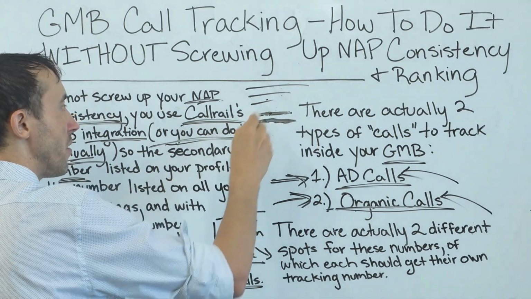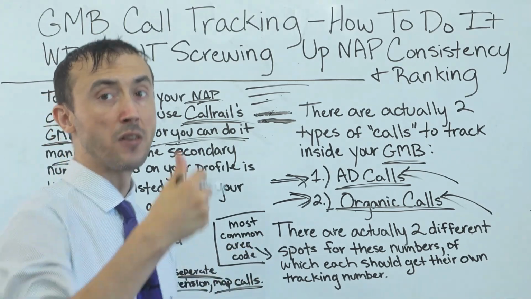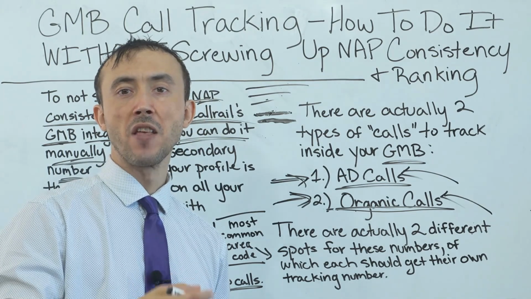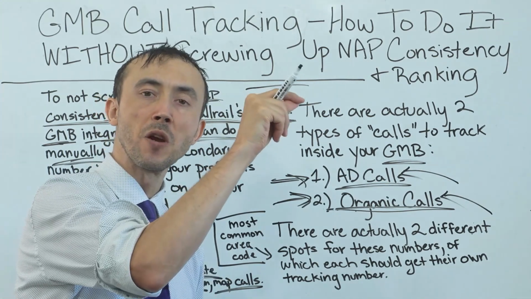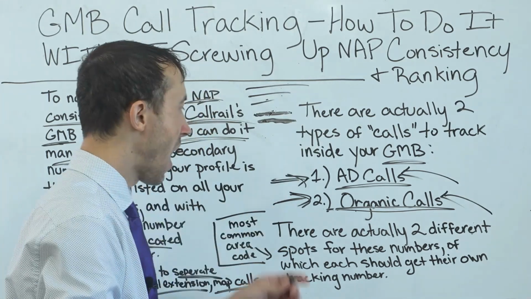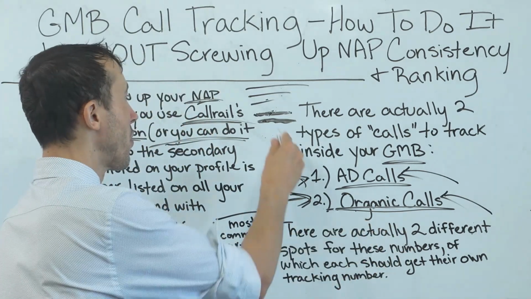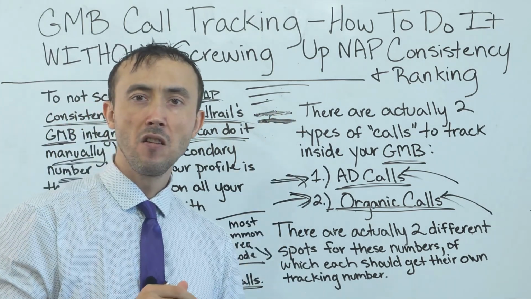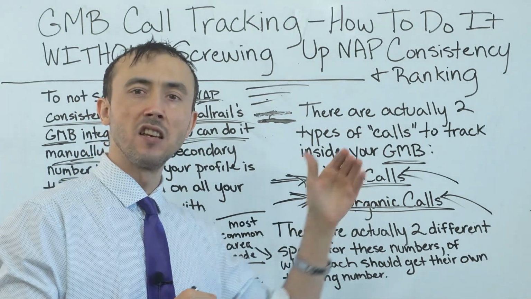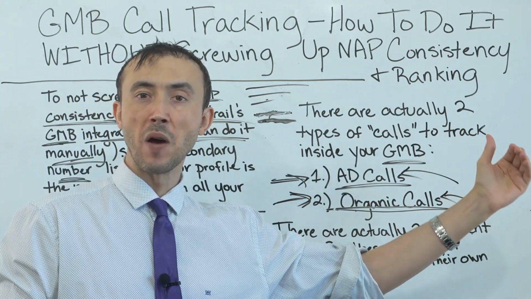That phone number, you could have a separate tracking number for that, and then a whole other tracking number for the number that's going to show up in the first spot on the 3-pack that I was talking about earlier, so you can track those calls. The reason I bring that up is that typically I'll use the same tracking number for the ad asset, the phone number that shows up underneath the ad, as is on the paid listing on the 3-pack.